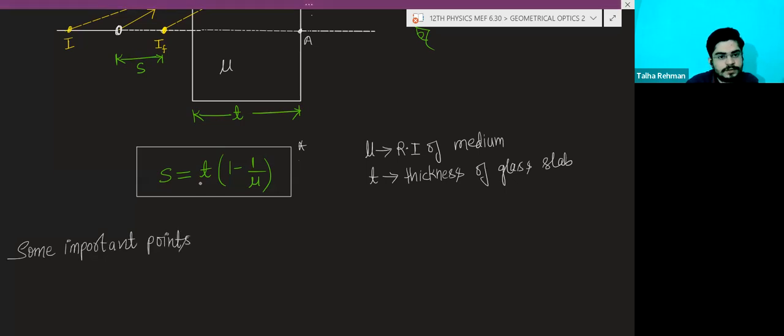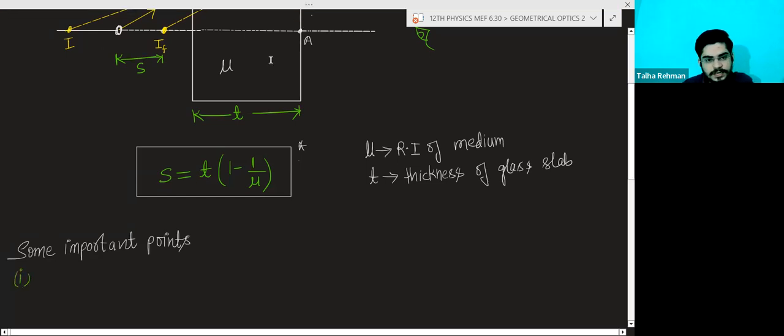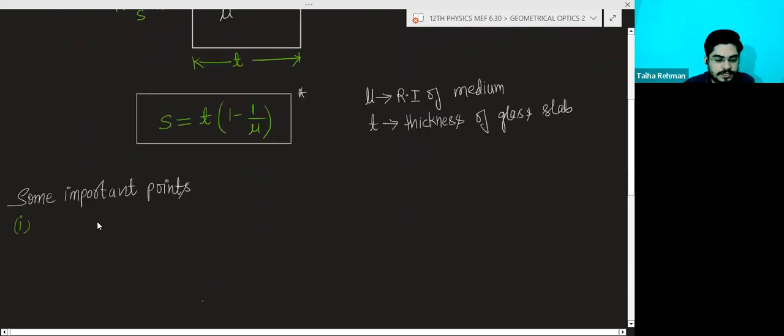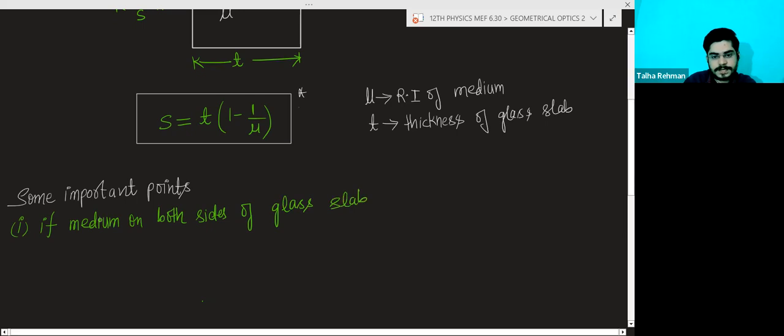Number one, here we are considering rays are paraxial, and another point is that if the medium on both sides of the glass slab is the same.